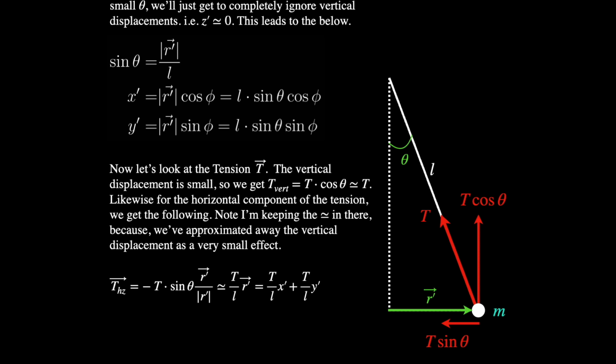There's my theta, there's my phi: x is the magnitude of r times cosine of phi, and y would be the magnitude of r times sine of phi. And so those are L sine theta cos phi, and L sine theta sine phi. But we're going to get rid of those really soon. I'm just putting them there for completeness. Okay, so those are our actual values for x and y, where the z value change is extremely small and we've ignored it. So now let's look at the tension.